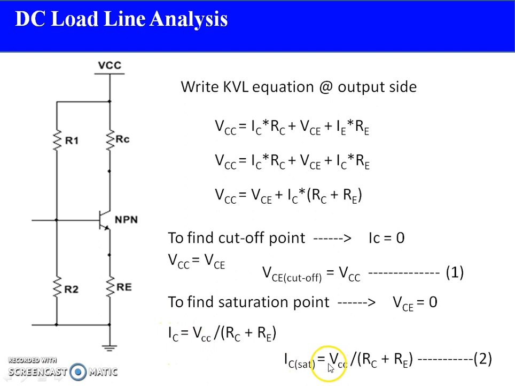So IC saturation will be derived as VCC upon RC plus RE. From this analysis I got two points. One point is VCE cutoff, whose value is exactly equal to VCC, and the other point is IC saturation. It can be calculated as VCC upon RC plus RE.